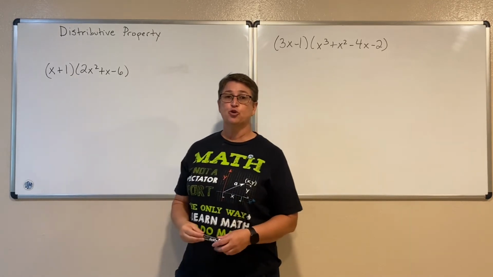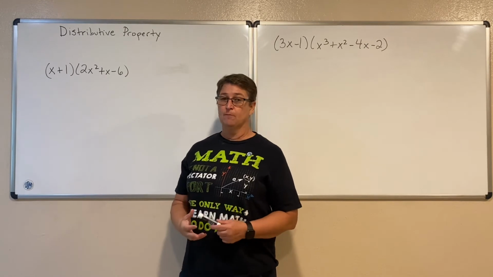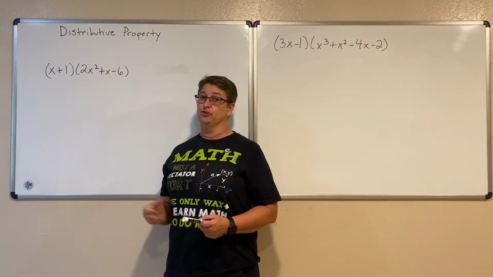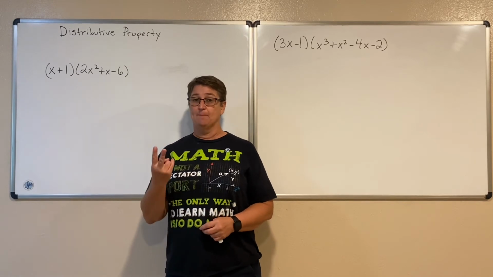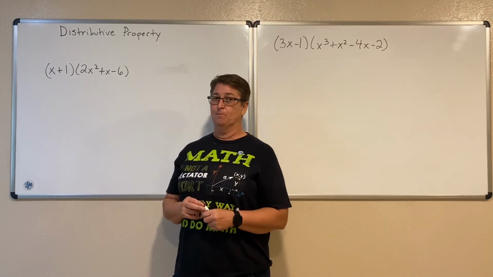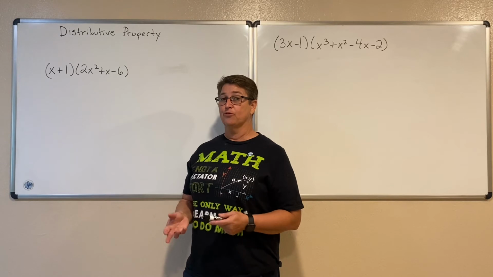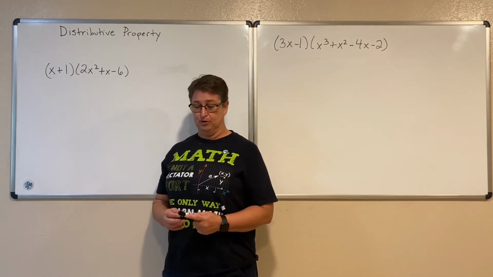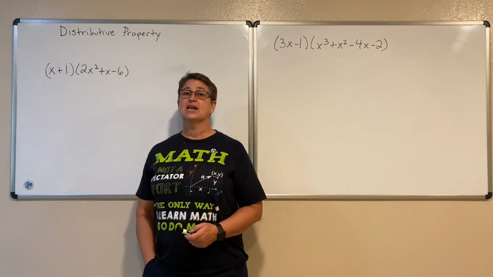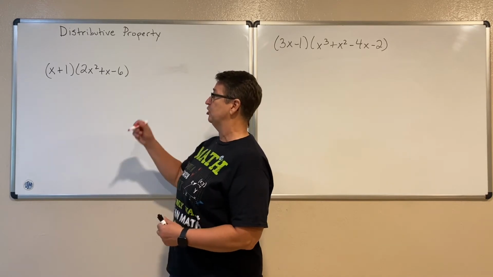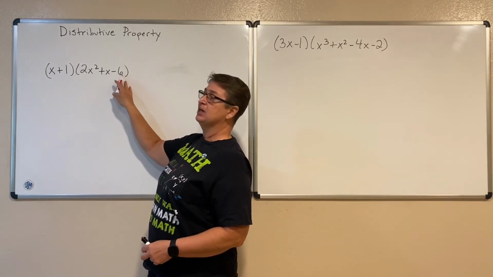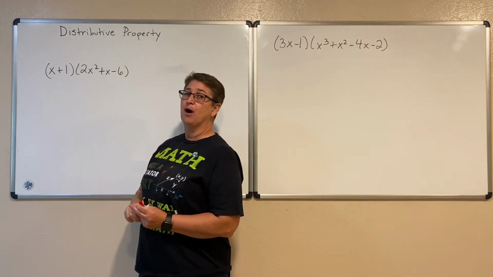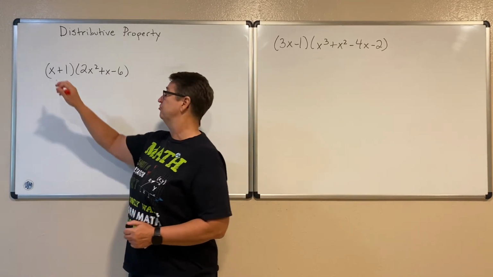For those of you who are using the acronym FOIL, this is going to fall down on you because FOIL is only meant for a binomial times a binomial. So here it's really important that we're just able to use that distributive property, that we recognize what we are doing is distributing this x to each of the terms in our polynomial that we're multiplying by.